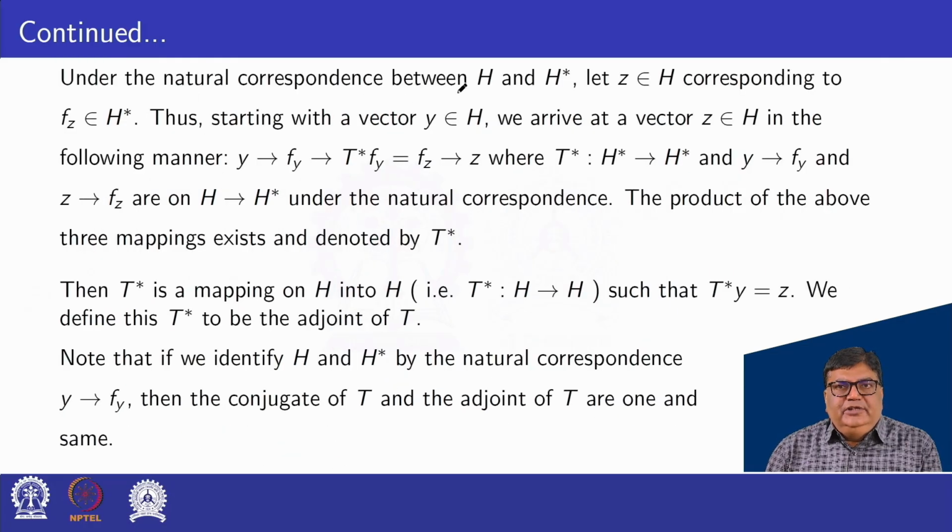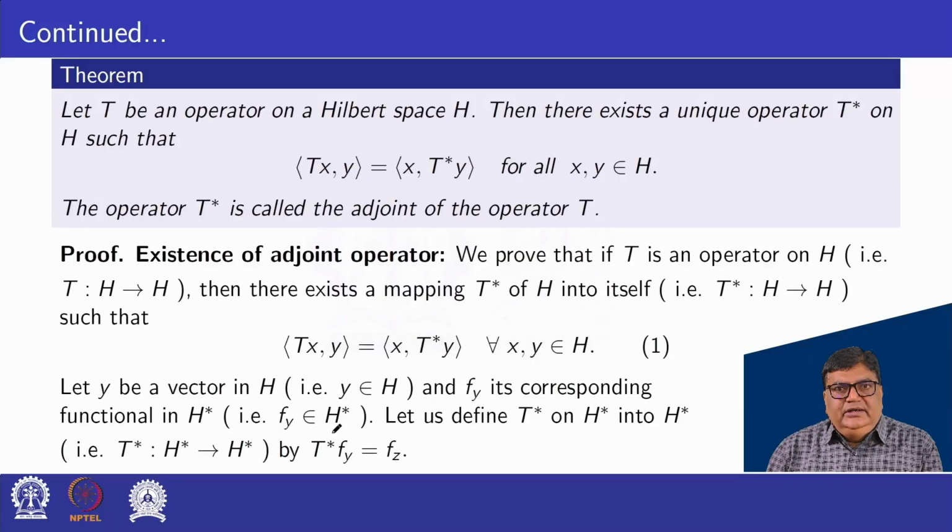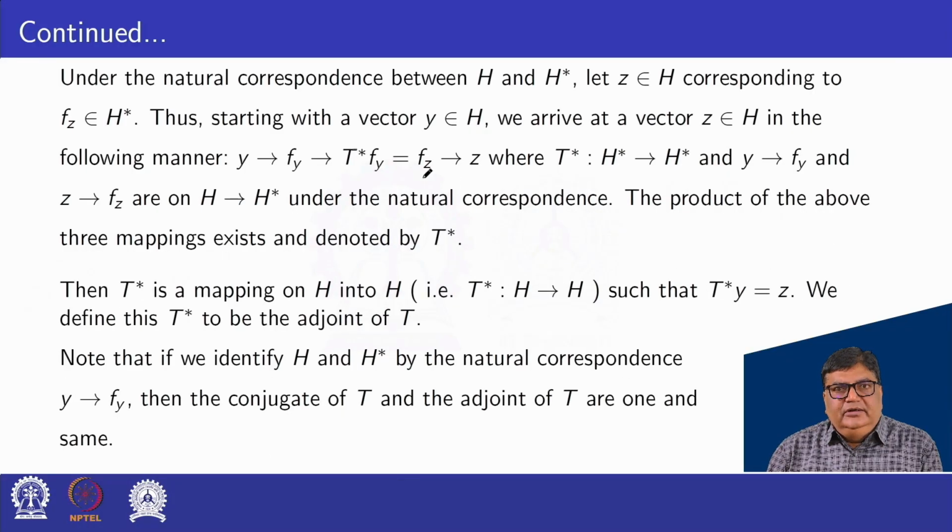Under the natural correspondence between H and H star, let z belonging to H correspond to fz belonging to H star. Thus, starting with a vector y belonging to H, we arrive at the vector z belonging to H in the following manner. y is an element of H, so y goes to fy, and fy goes to T star fy, and T star fy equals fz, which goes to z.